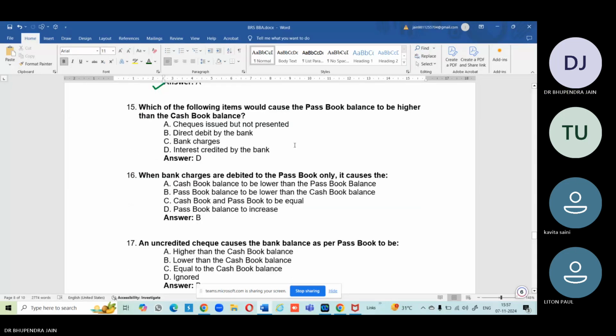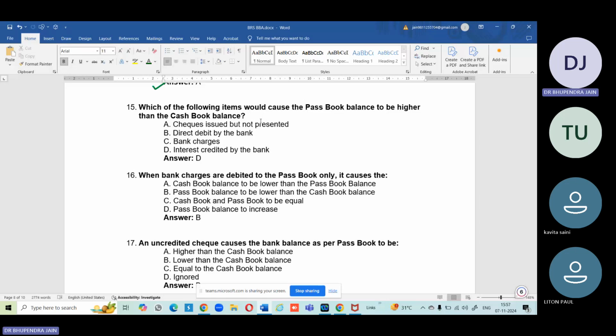Next. Which of the following items would cause the passbook balance to be higher than the cash book balance? What is the purpose? To higher balance of the passbook? First option: check directly deposited into the bank.